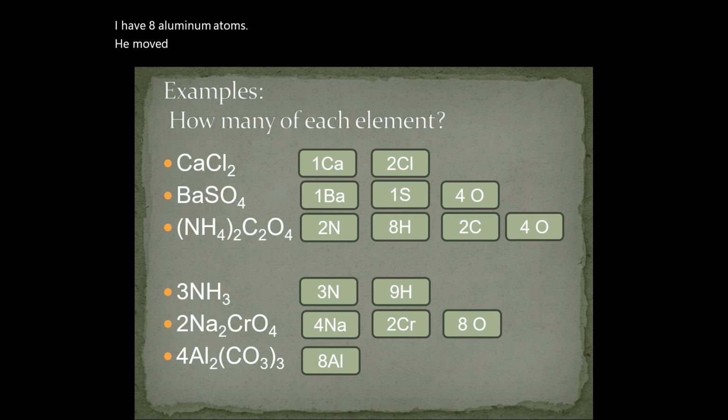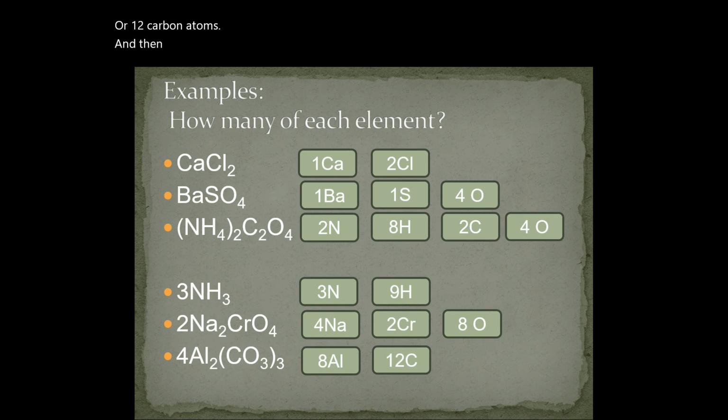In the compound of aluminum carbonate, I have 1 carbon atom per carbonate. For this molecule to be made, I need 3 carbonates. So that means I have 3 carbon atoms. Times the 4 aluminum carbonates, that means I have 1 times 3 times 4, or 12 carbon atoms.